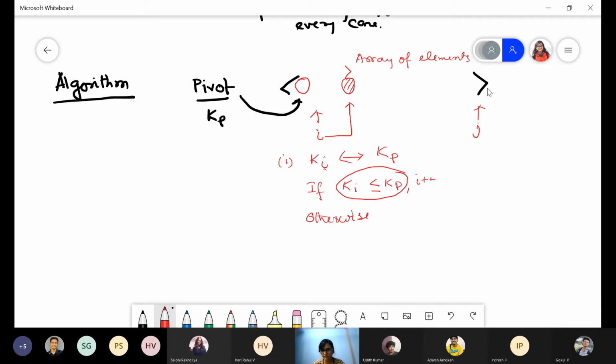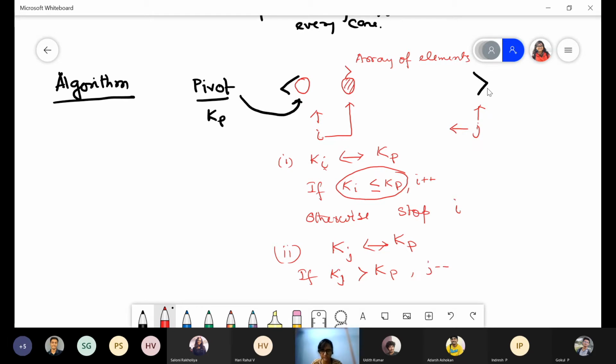So here we stop I, then again here we start with J. We check Kj with Kp. If Kj is greater than Kp, we just update J to move in this way, so J is going to be minus minus.